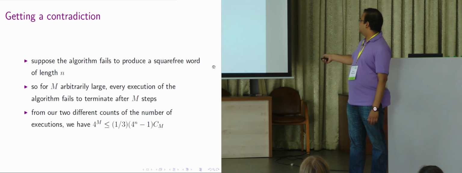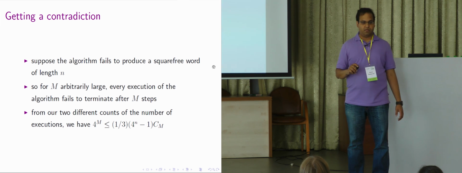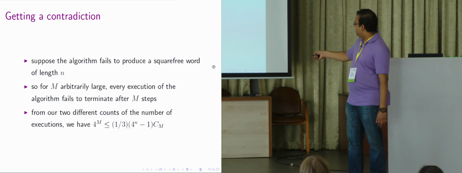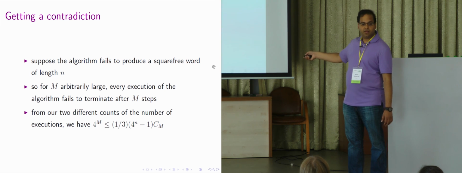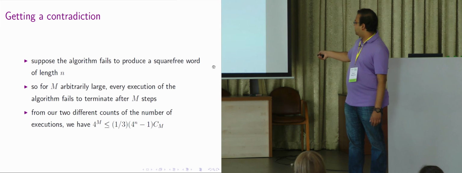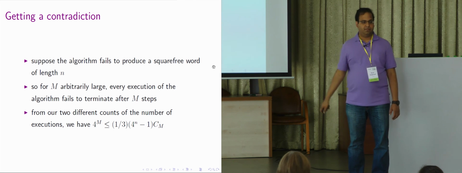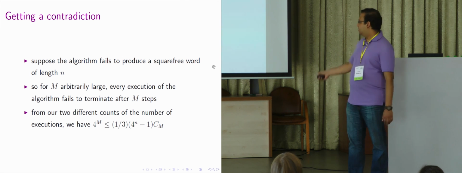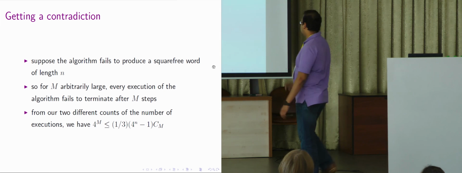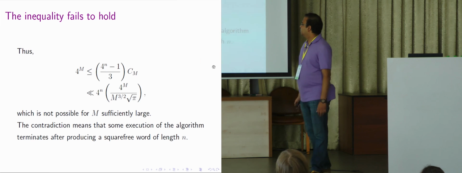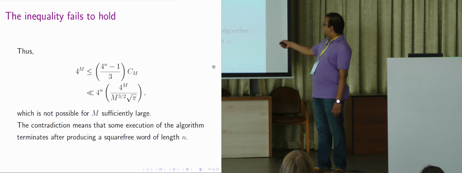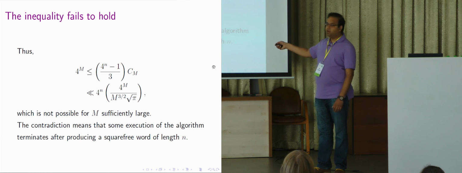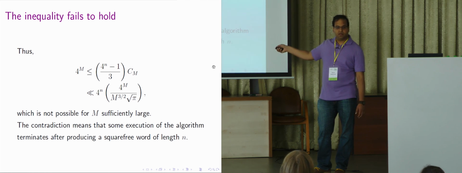And I also know that there can be at most this many executions of the algorithm. This part here counts final strings of length less than n, and this part here counts the Dyck paths. So this quantity here is at most this. Well, the asymptotics of the Catalan numbers are well known. They grow like this.